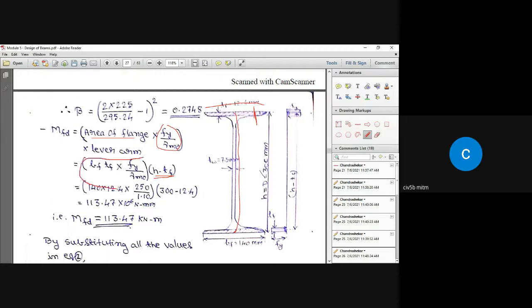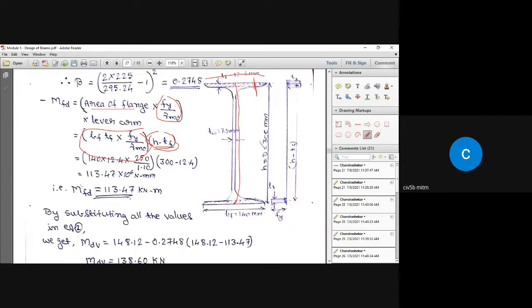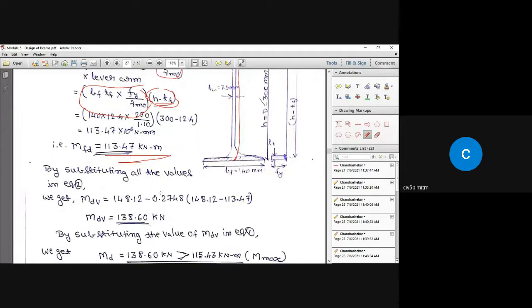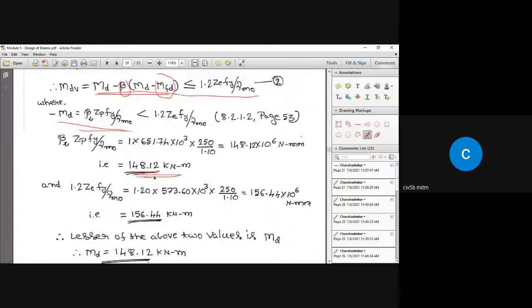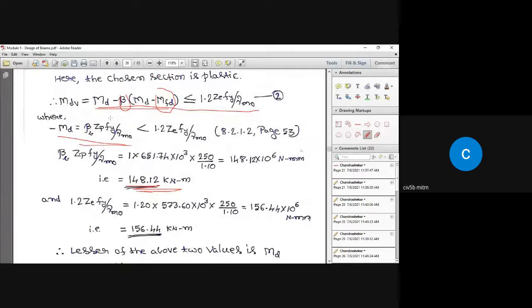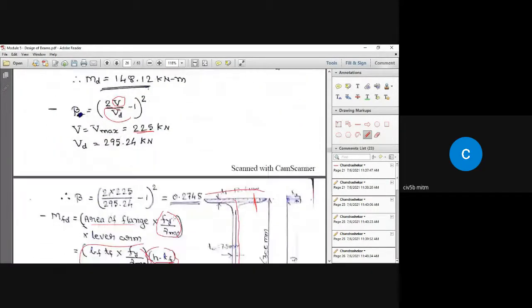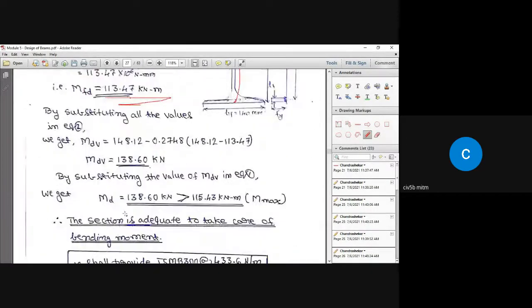The compressive force in the flange multiplied by the lever arm gives the moment of resistance Mfd by the flange. We got this value equal to 113.47. So by substituting all the values in this equation, given in the code book on page number 70, we get MdV equal to 138.64.